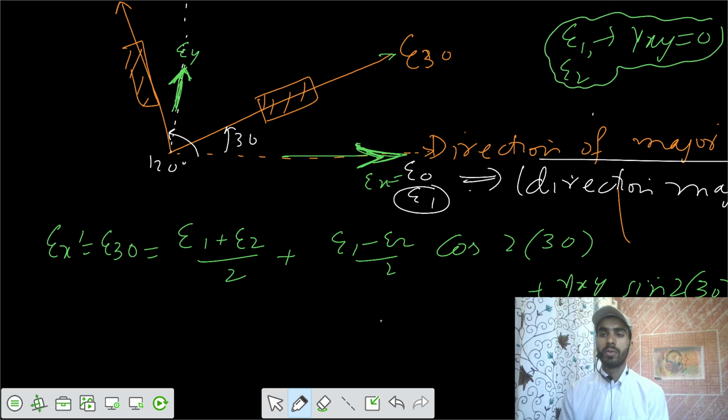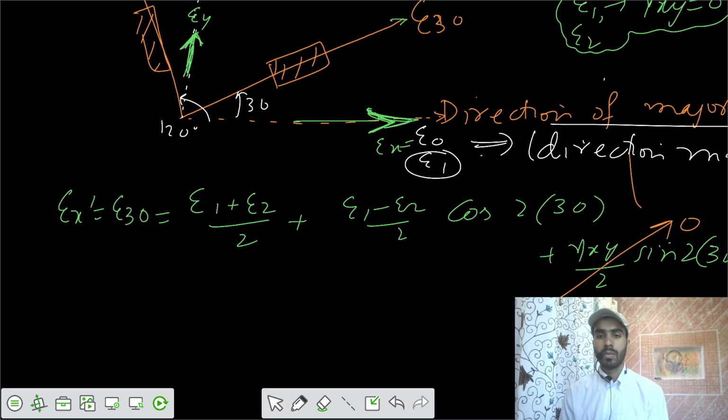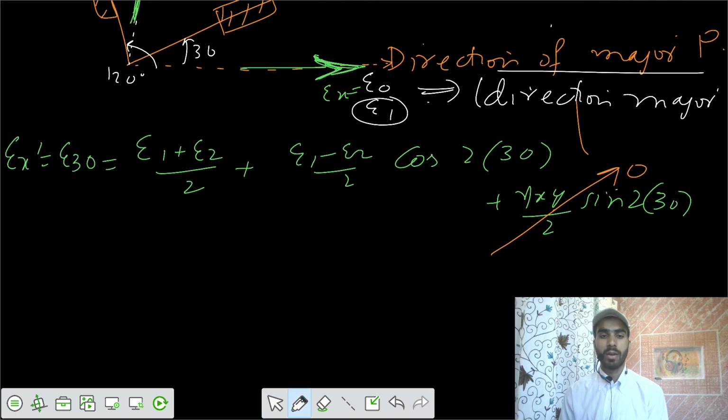Is it not true? Your gamma xy is 0 on these 2 planes. So this value is 0, so we don't need gamma xy in this equation. Based on the direction given, along the direction of major principal stress there won't be any shear deformation. So we can say gamma xy is 0.